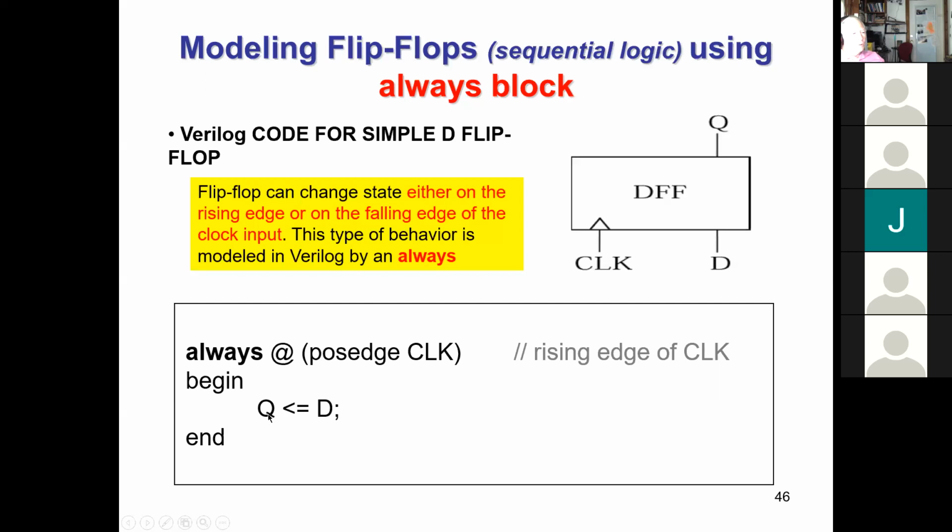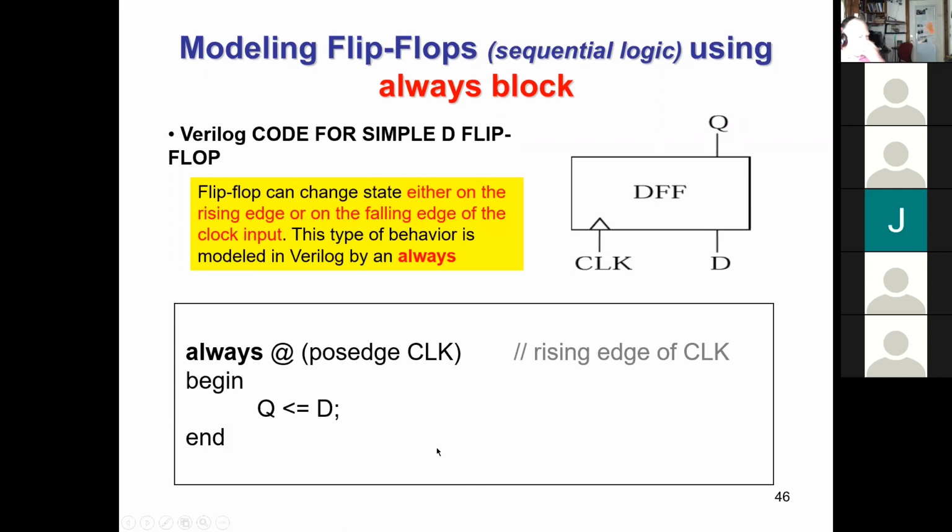Okay, what type of signal does Q have to be? Can it be a wire? No, it cannot be a wire. It must be a register. Remember, inside the always block, left-hand side must be a register. Outside the always block, left-hand side must be a wire.